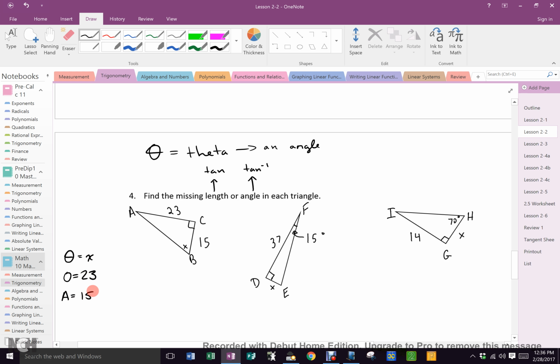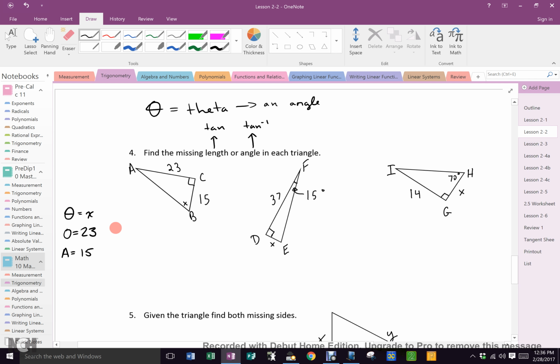Is this complicated? No. So now, what do I know? I know that tan, shift tan of x equals what? Opposite over adjacent, right? So now fill it in. What was opposite? 23. What was adjacent? 15. How do I do that on my calculator? Depends on your calculator.